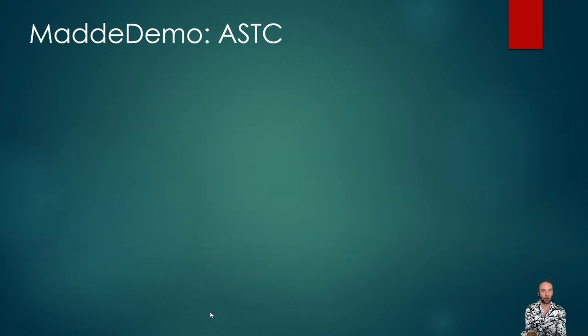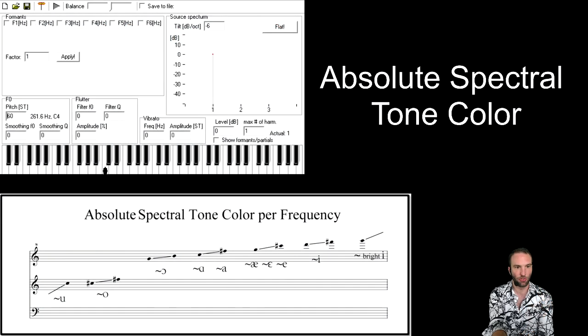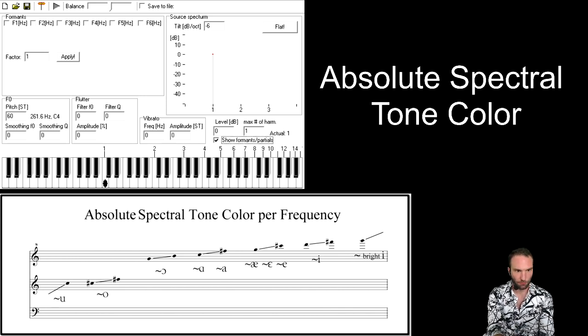All right, so now let's talk about how this works in this program called MADA. MADA is a program that you can only get on PC, but you can download it for free, actually. What we're going to use it for right now is to create a sine wave, okay?